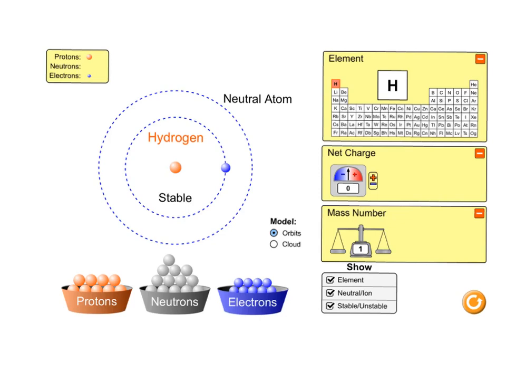Now, atoms are going to form ions in attempting to fill the outer energy level. In the case of hydrogen, we know that energy level 1, the first energy level, can only take 2 electrons. Now, there's one of two options.